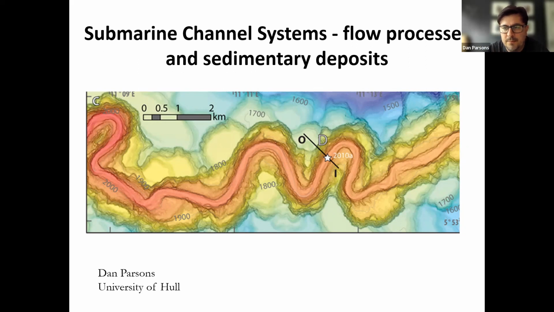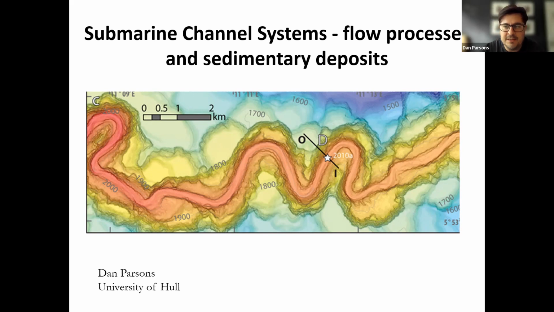So how the flow processes and the boundary conditions that shape them can ultimately control the stratigraphy that's produced within these fascinating submarine channel systems that exist on the bottom of many of our contemporary oceans, but of course have built up lots of the strata that lay around us, that we wander around and clamber over on land now.